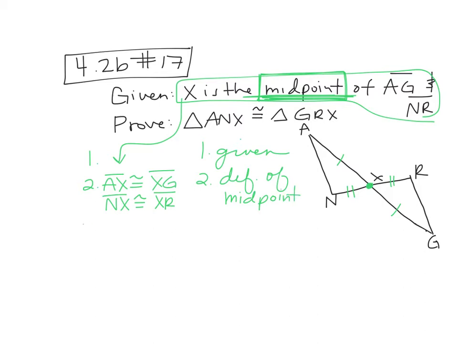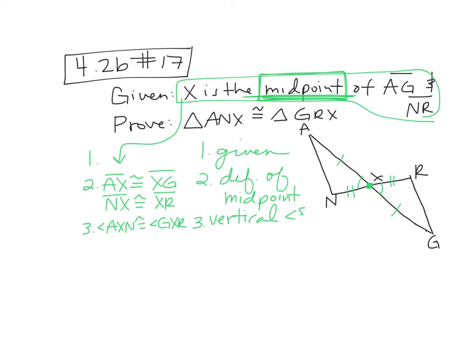Okay. Third step, when I look at this picture, I can also see that those two angles are congruent because they're vertical angles. So you just need to make sure you name the angles correctly. So AXN congruent to GXR, okay, by vertical angles.